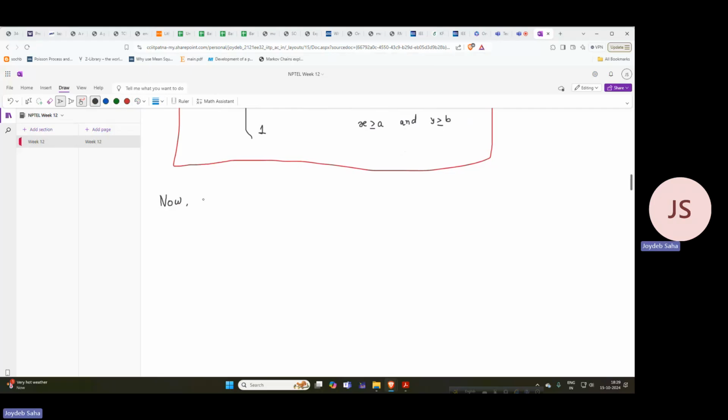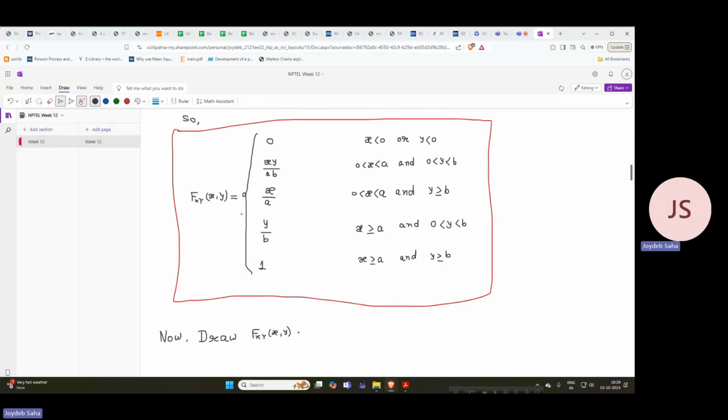What will be the pictorial representation of capital F of xy? Draw it. Try to draw capital F of xy following this. You take 2-3 minutes and try to draw.